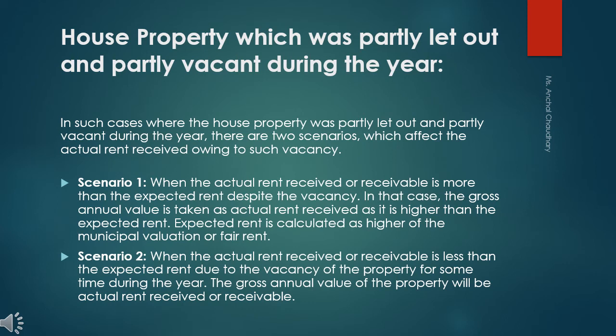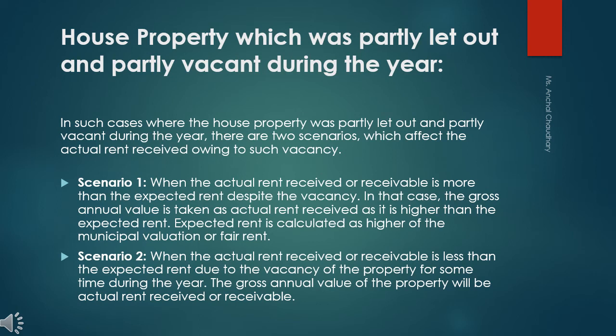Second situation is when the house property was partially let out and partially vacant during the year. In such cases, there are two scenarios which will affect your actual rent received. First scenario, when the actual rent received or receivable is more than the expected rent, then your gross annual value will be your actual rent received because it is higher than the expected rent.